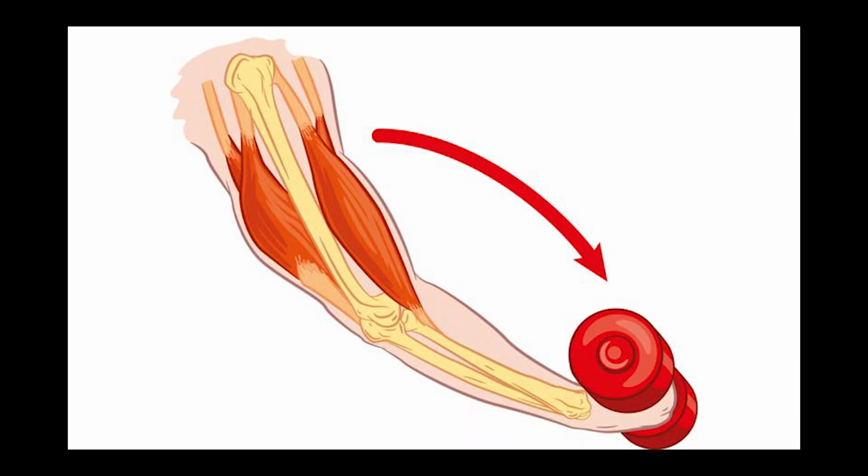Number 2, a controlled eccentric, the lowering phase. Your muscles that are acting are lengthening while they're contracting, slowing the weight down. If you don't control the eccentric, 2 things can happen. 1, because that phase causes lots of muscle growth, a bit more than the concentric phase, you're missing out on some gains.